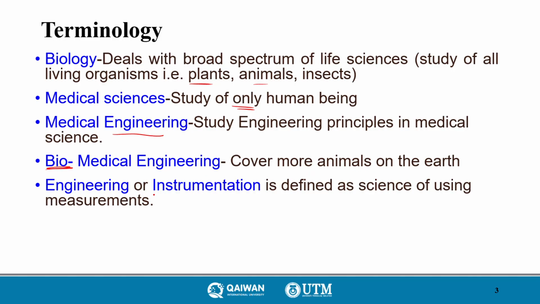Engineering or instrumentation is defined as the science of using measurements. So instrumentation is using different kinds of instruments based on different forms of energy in order to record the biological signals or biomedical signals.